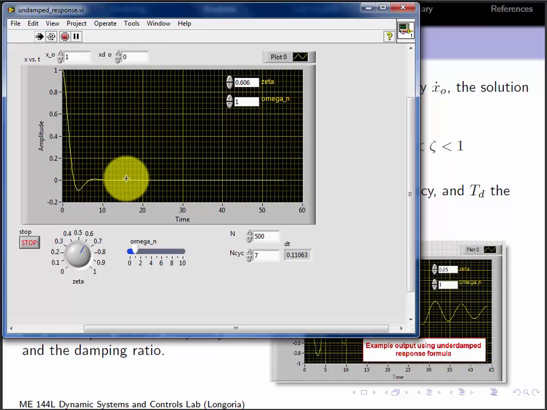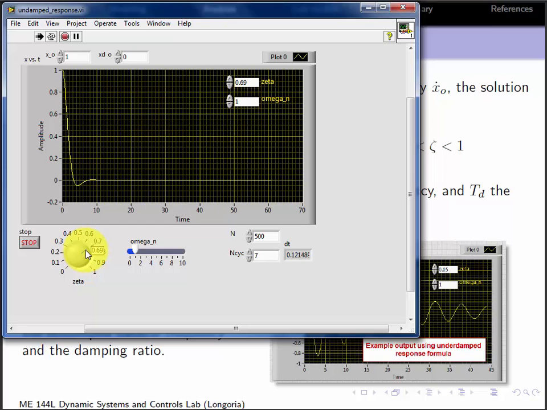And there's actually a value I want to show you here, a value of about 0.707. It's hard to get here, but there it is, close. 0.707 is a special value. It's the value of damping sometimes used for design of a system like this. It gives you the minimal overshoot and no oscillations.